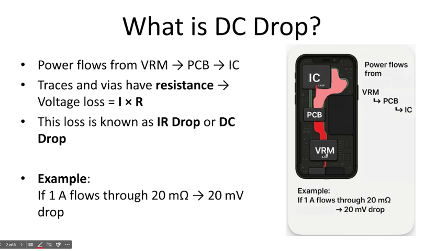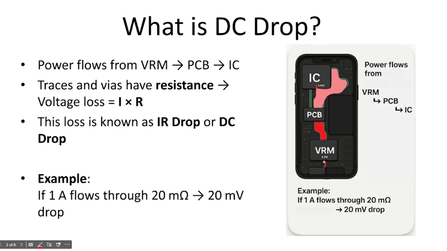Whenever power flows from one device to another through a medium called the printed circuit board, which has a metal structure containing copper, there will be some amount of loss in that voltage.